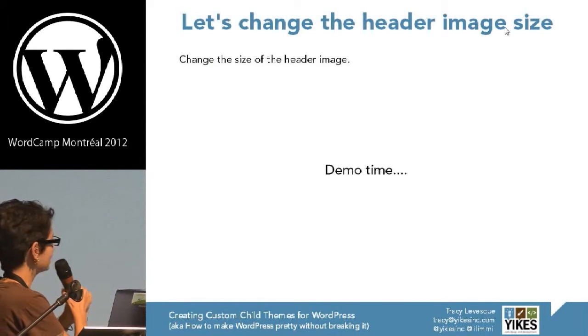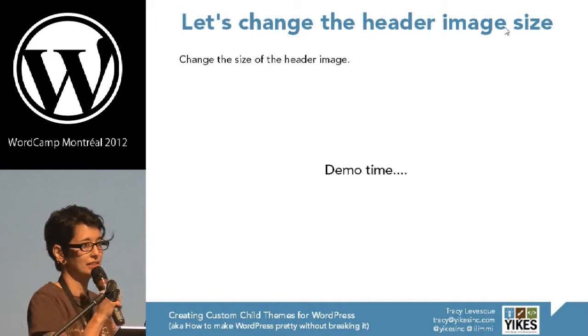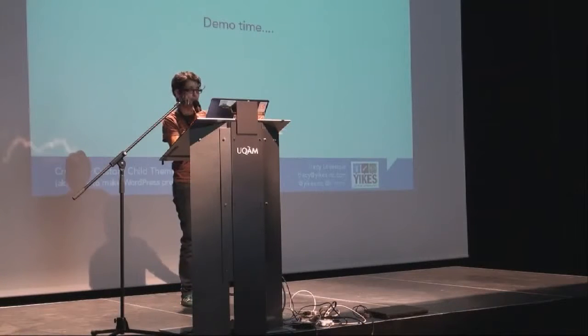So I'm going to use an example of changing the header image size at the top. You know, at the top of 2011, you have that gigantic header image, and it's a certain width and height. You can use the functions.php file in your child theme to override what that width and height are.